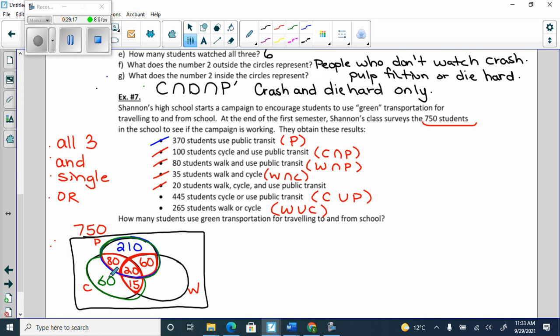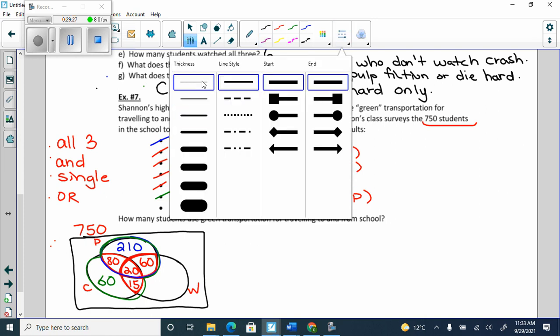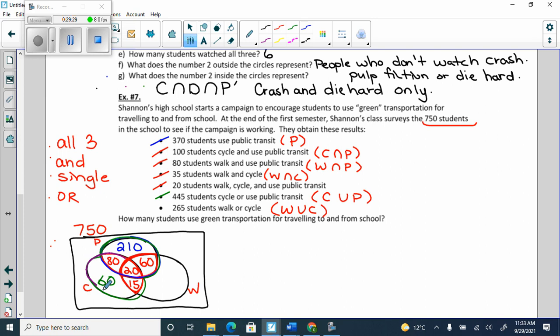So you just add up all the numbers that are in the snowman and subtract from 445. And in the walk or cycle snowman, same thing, but they should add up to 265. Well, they should be less than 265. So it's 100, and then 120 is 220, 235, and I need to have 265, so this is 30.